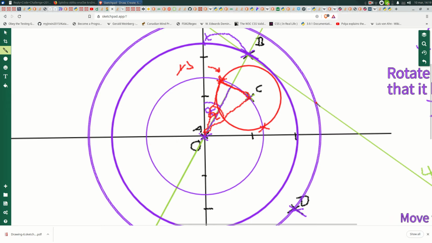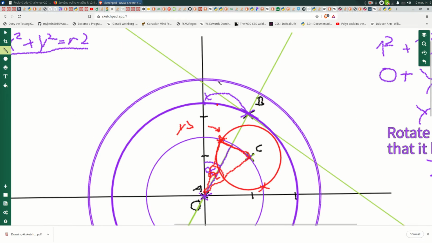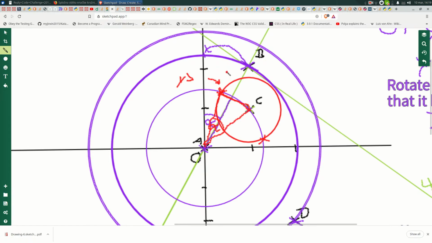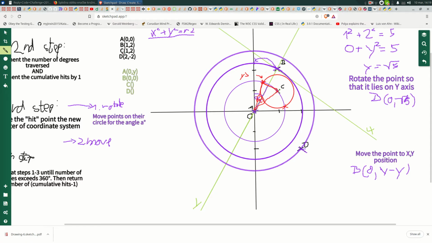That's a way to do it. So yeah, that's a way to do it, and we do that for everyone. So we have, for example, this. So we have that one. So just move points in the circle for the angle A.